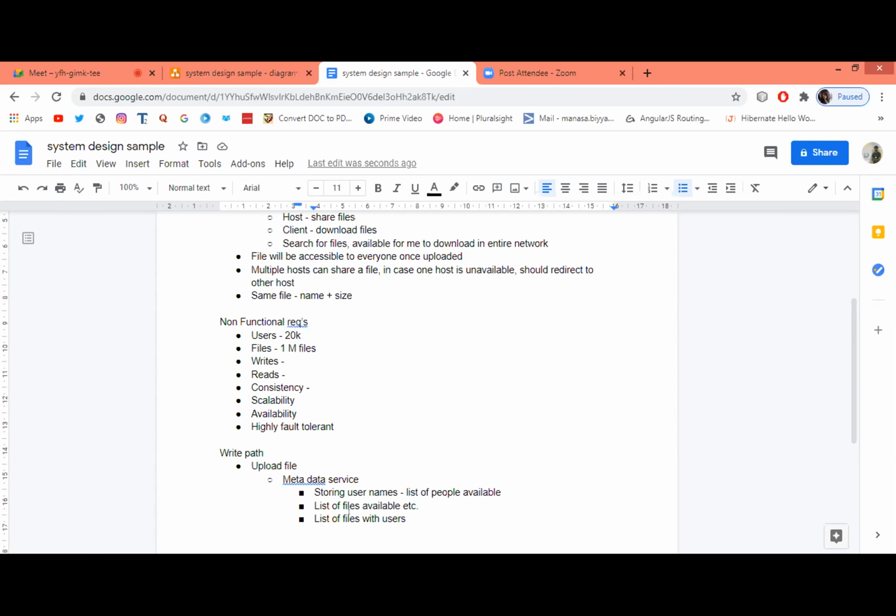If we look at the cardinality, usernames will be 20K rows, the list of files will be 1 million rows, and the list of files with users, which is 20K into 1 million, will be 10 to 20 million rows.